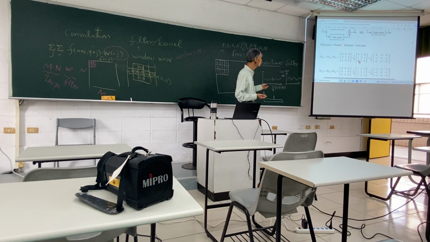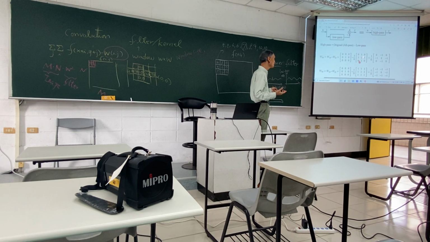So the original, if we still take it as a window or filter form, for a 3x3 window, in the middle we have the value of 1, and the neighbors have the value of 0, which means we retain the original value. That's it. Okay, and minus the average. Here we use a kind of weighted average.